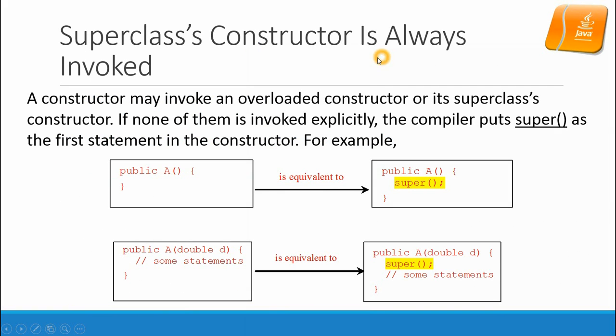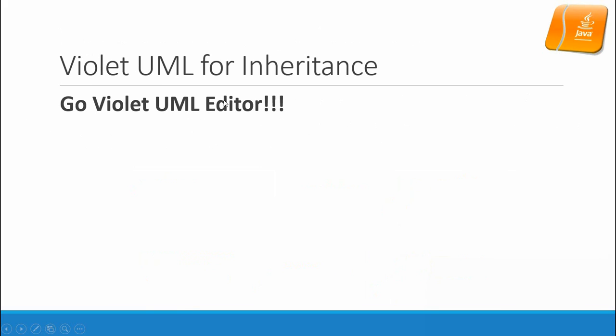The superclass constructor is always invoked, especially the no-argument one. So you need to set the default setting very carefully, because the default setting in the super constructor without arguments will always be called by the subclasses. So this one is equivalent to this. This one is equivalent to this. They will automatically call the no-argument constructor. For the same long form, they will call as well.